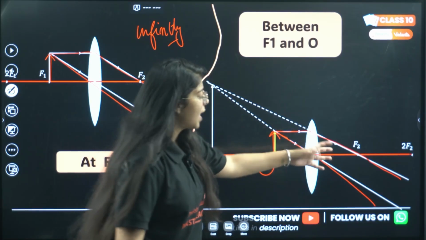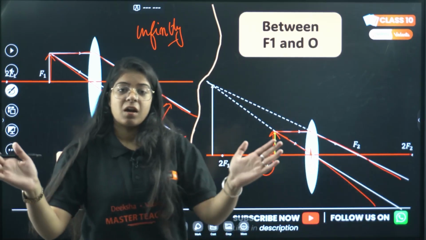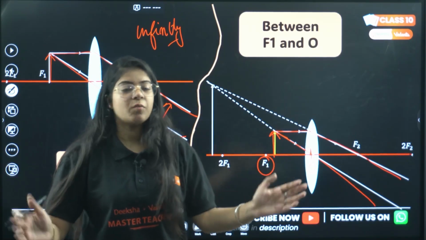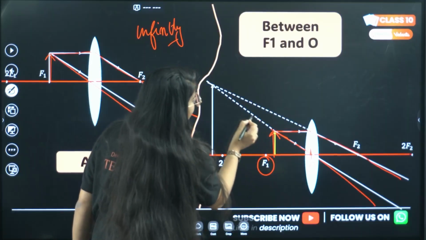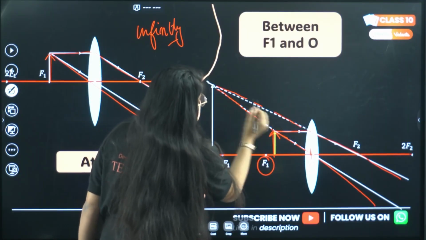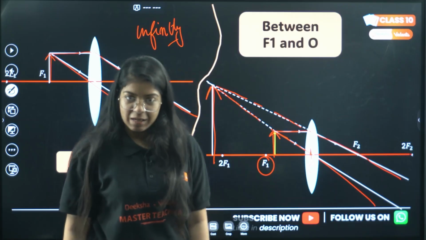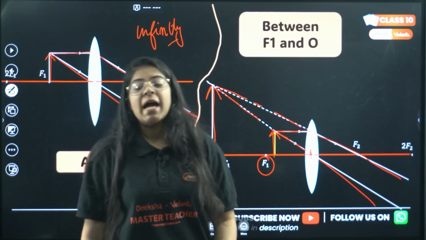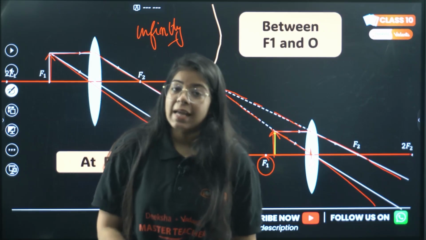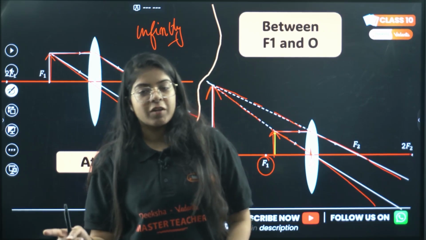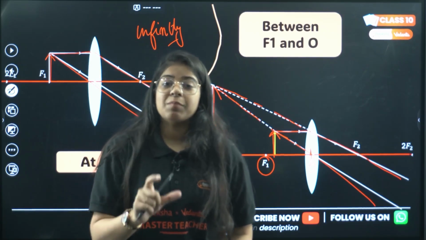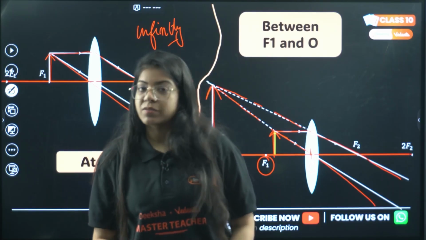Now we can see actually these rays will start going away from each other. So what we do, we extend them back, and we see that this large image is being made. Now in case of convex lens as well, just like concave mirror, the image was real inverted of same sizes.